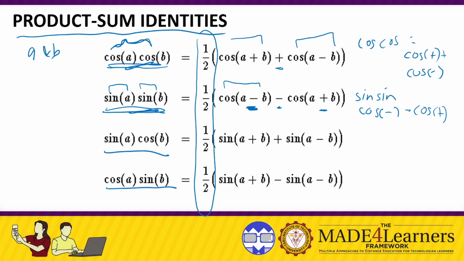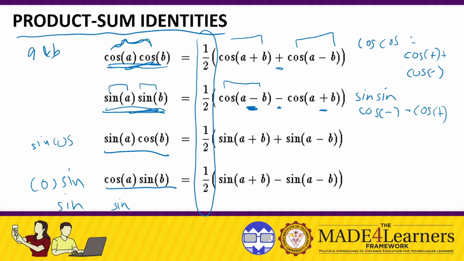Now for sin cos and cos sin, the result will always be sine, then we have the operations. For sine A cos B, we have 1/2 of the quantity sine(A plus B) plus sine(A minus B).